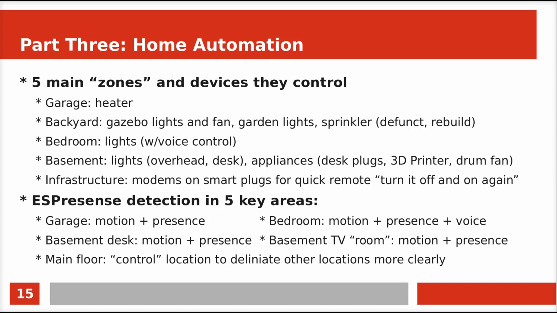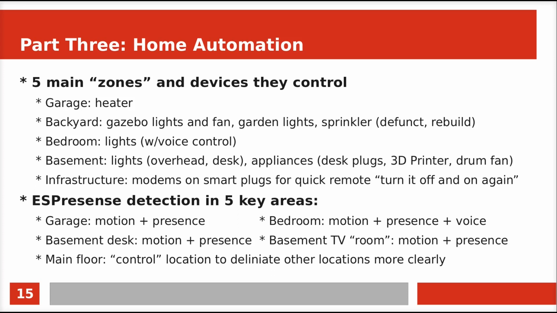So I have 5 main zones within my house for the home automation and the various things they control. I have a garage zone, which has a heater, which is right now keeping me very, very toasty out here. That's the only thing out there; I don't want the lights automated.